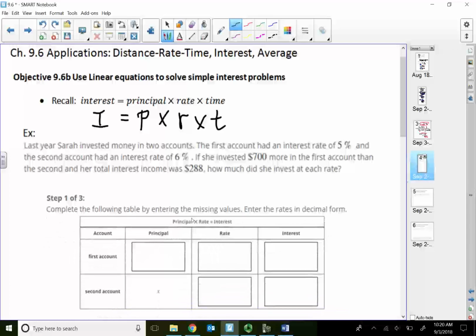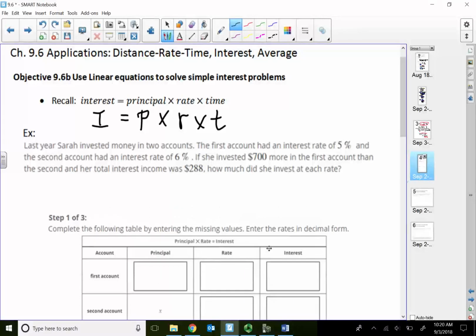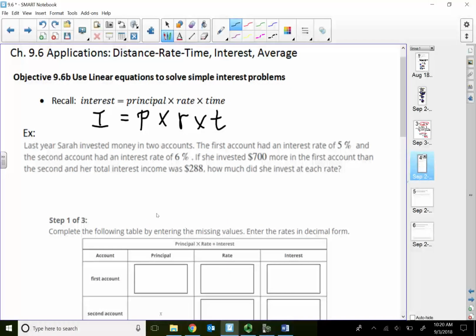I'm using the table again for the very first problem to demonstrate what we need to translate and how to write out the equation. This problem says last year Sarah invested money into two different accounts.